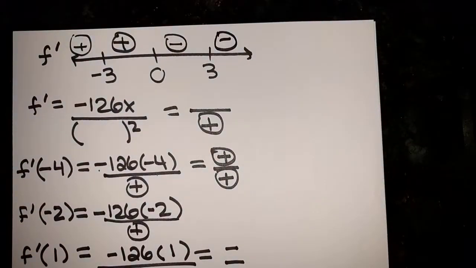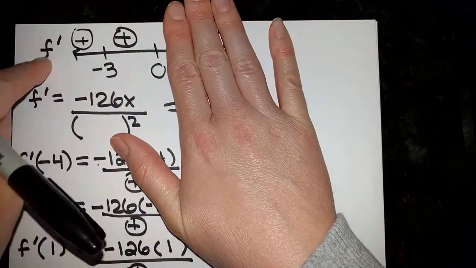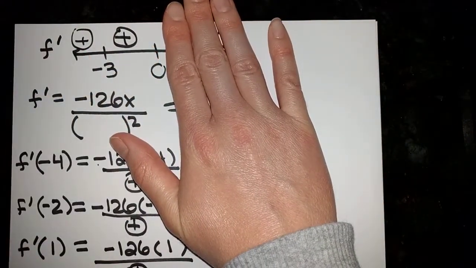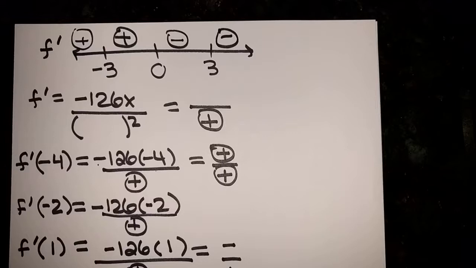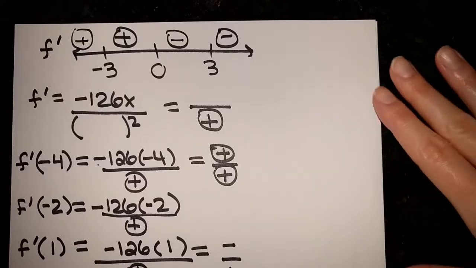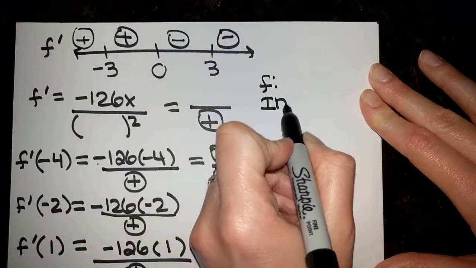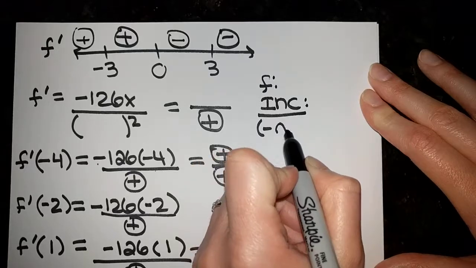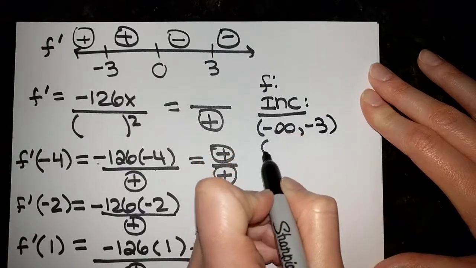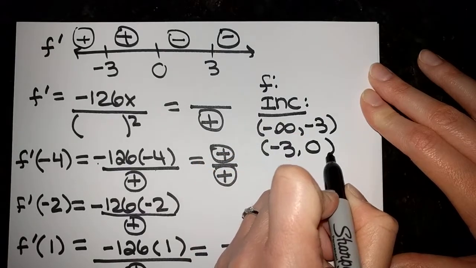Now, even though it's very tempting to want to put this together as one big interval, you cannot do that because there's that vertical asymptote at negative 3 and 3. So when you look at your answer choices, and we're working on number 6 here, right? You want to have an answer choice that says that f is increasing on the interval negative infinity to negative 3 and negative 3 to 0.